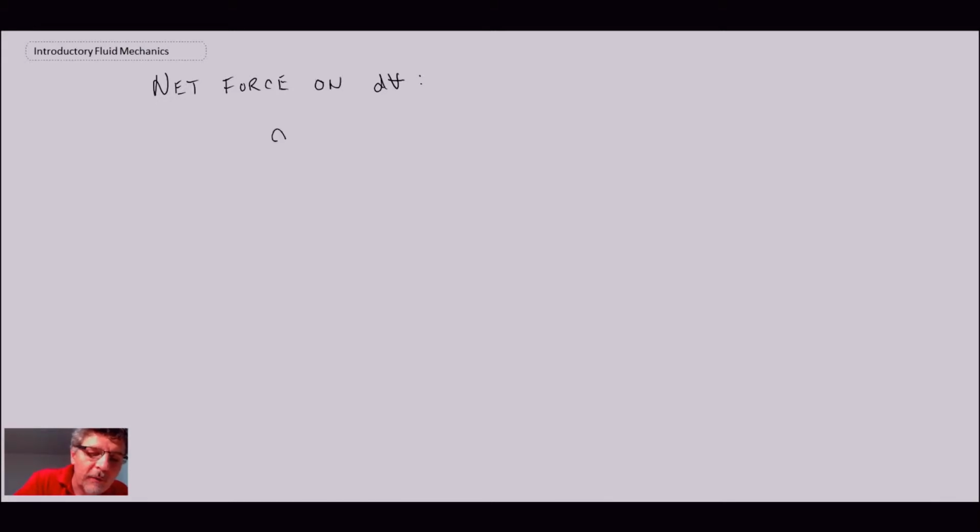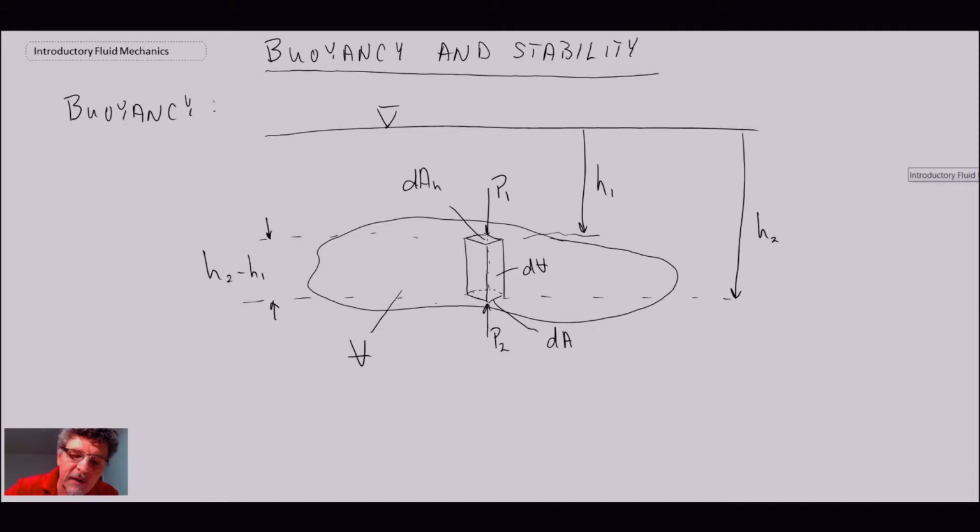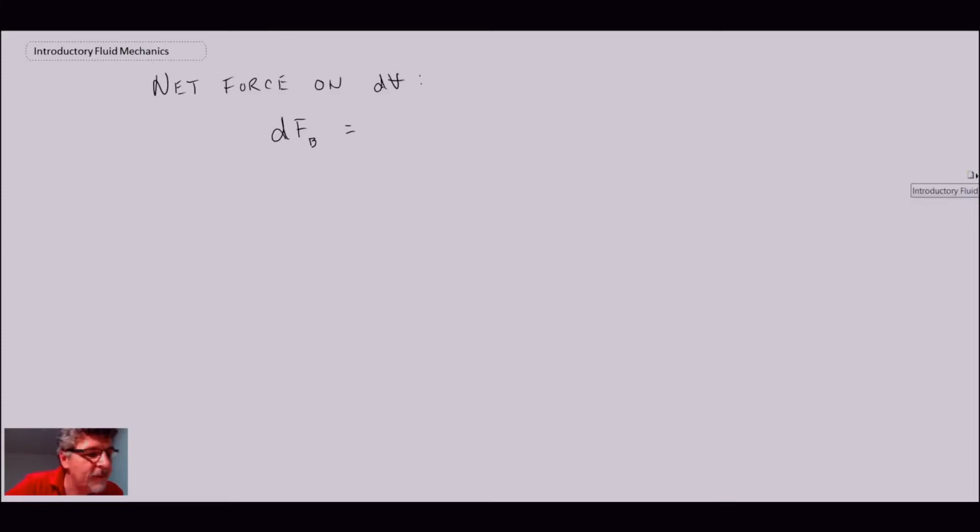We will refer to the differential force on the differential element as dF_B, and the force acting on that body is just going to be due to the pressures, the lower pressure and the upper pressure, multiplied by the areas.